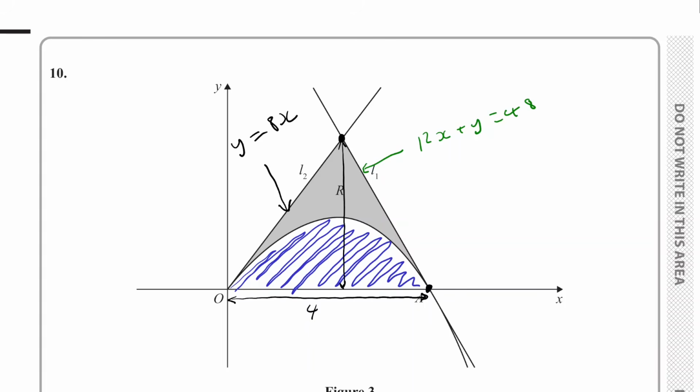If we want to know the perpendicular height, we need to know the intersection of these two lines. So y is equal to 8x, and we can substitute that in. That would be 12x plus 8x equals 48, so 20x equals 48. x is 48 over 20, which is the same as 24 over 10, or 2.4.